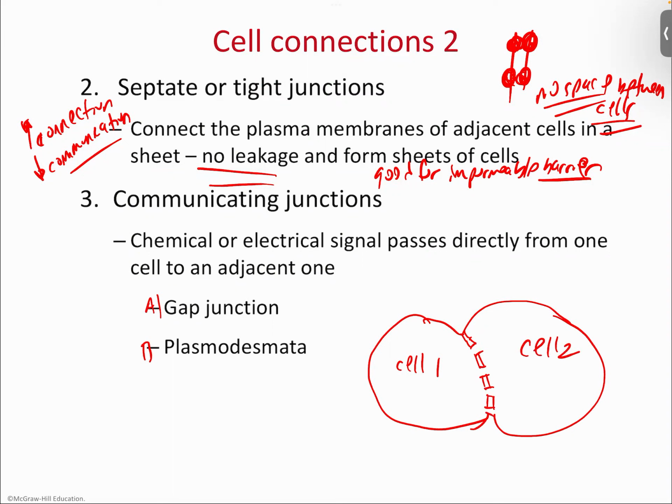So what happens inside cell number 1, the cytoplasm, will immediately move into cell number 2. It's kind of like both cells are getting the instructions at the same time. So here you have maximum communication and you have minimum connection.